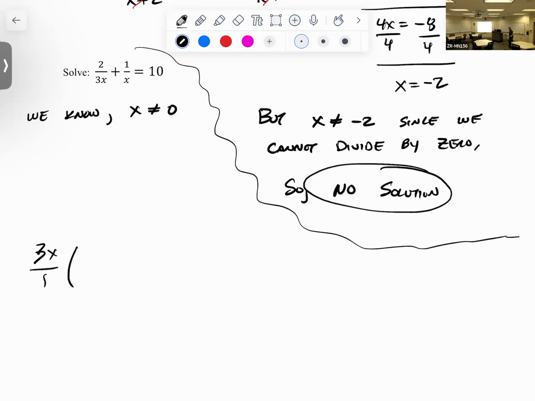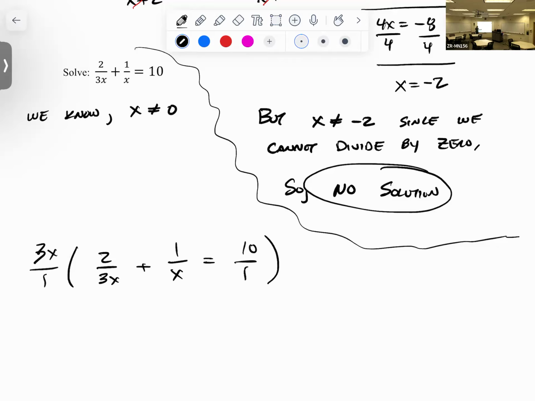So there are 3 fractions here: 2 over 3x, 1 over x, and 10 over 1. Those are the fractions. So I turn that 10 into a fraction, and I have to create the common denominator.